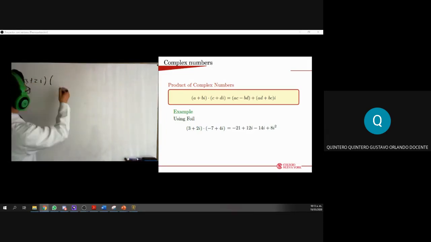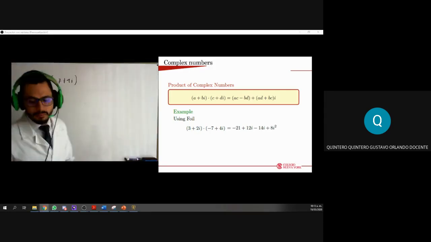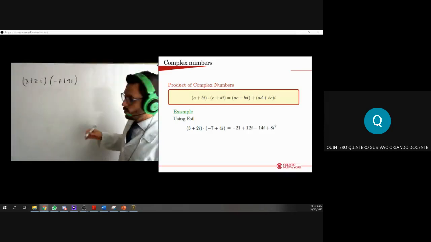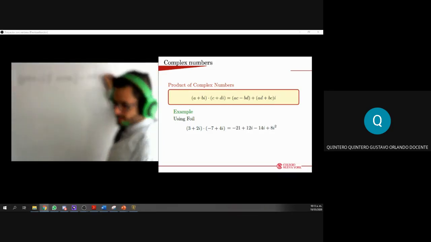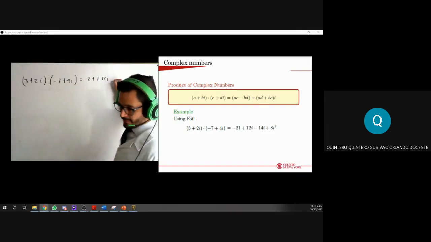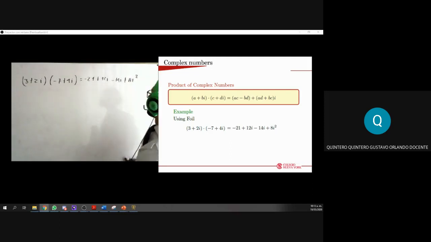So if I copy everything, we have 3 plus 2i times negative 7 plus 4i, right?